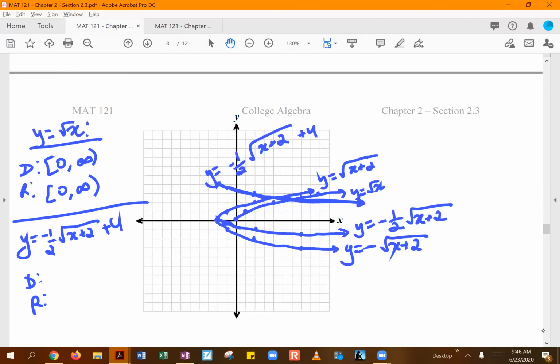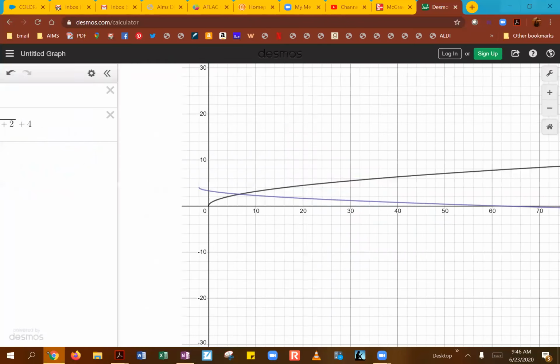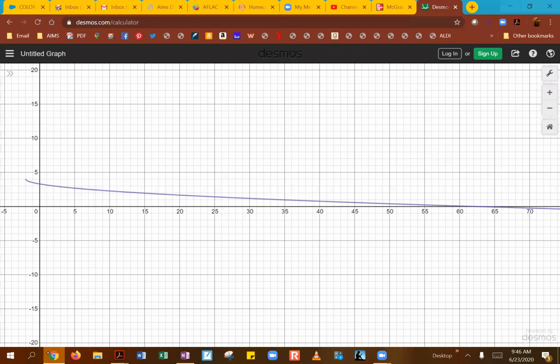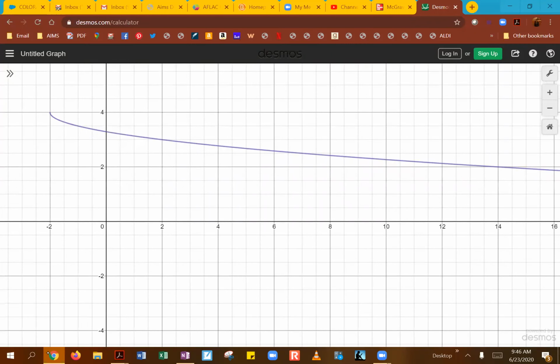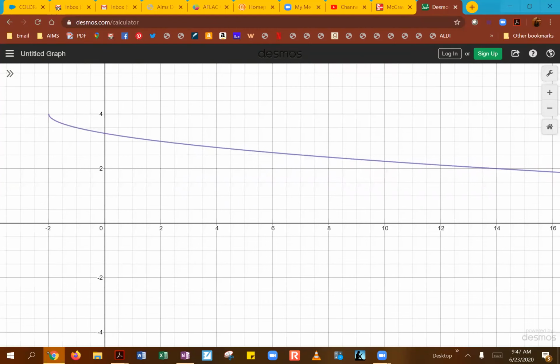So I don't know if this graph is more helpful or if this one would be more helpful. Would the domain be -2, including -2, to positive infinity? Very nice. Very good. Because as you can see in this graph here, we are in line with -2 over here.